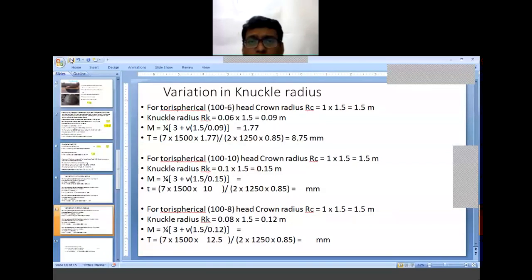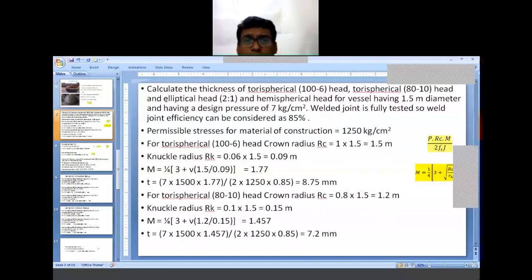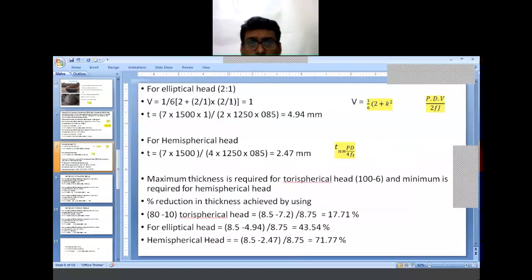Then coming to the elliptical head. The same numerical will be elaborated for the elliptical head, in which the elliptical head 2:1 is provided. So for elliptical head 2:1, you have to calculate V, the stress intensity factor, which is 1 upon 6 into bracket 2 plus K square, and the thickness will be calculated as PD V upon 2Fj.